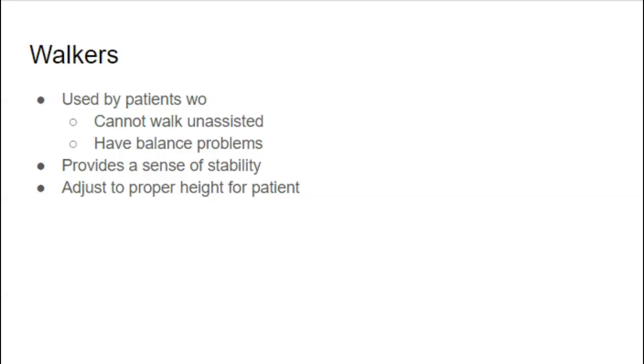Most of the decent walkers will hold sometimes up to 350, and they have even a seat, so a patient could walk with it. There's a brake, usually a double-sided hand brake, and a flip brake to keep it steady, and then there's an area where they can actually sit, so it gives them a sense of extra stability, and even a place to sit if necessary. Okay.